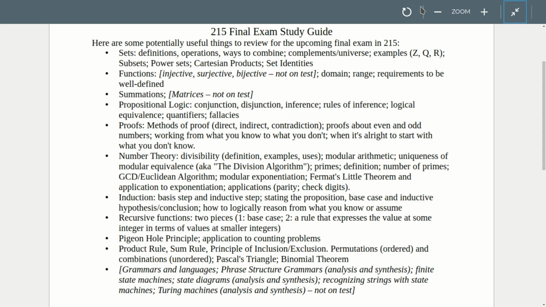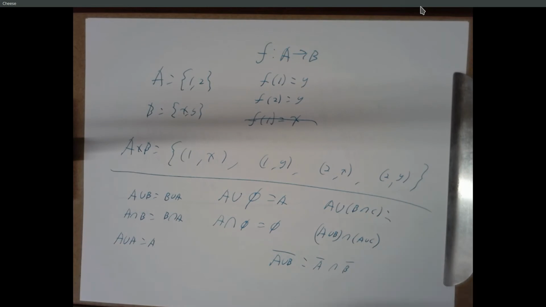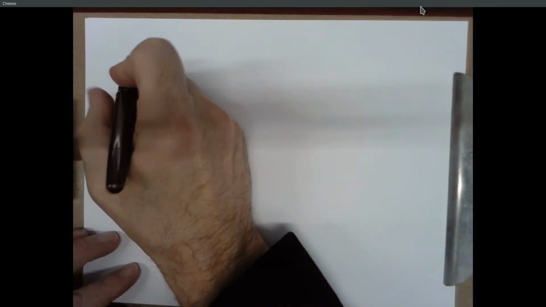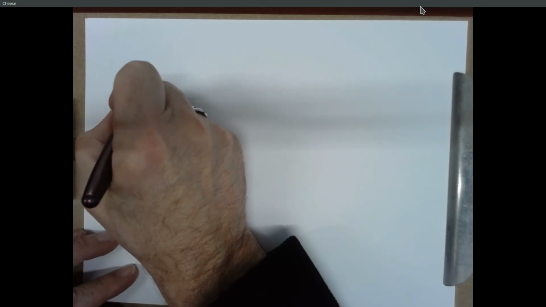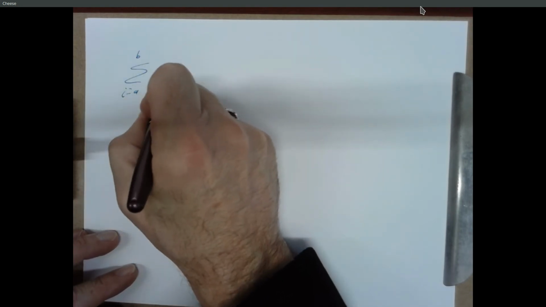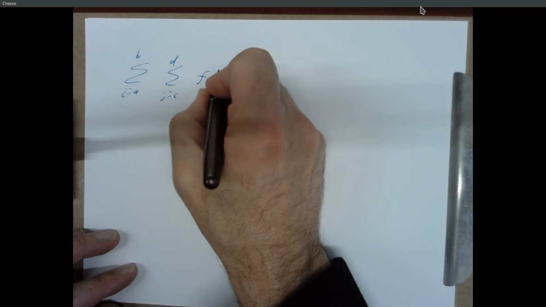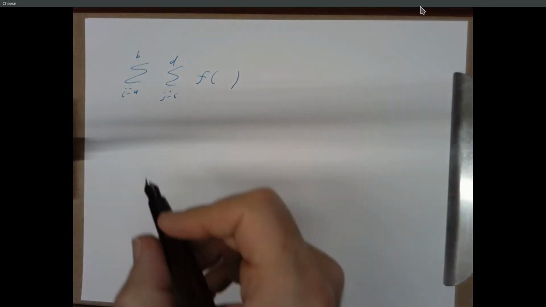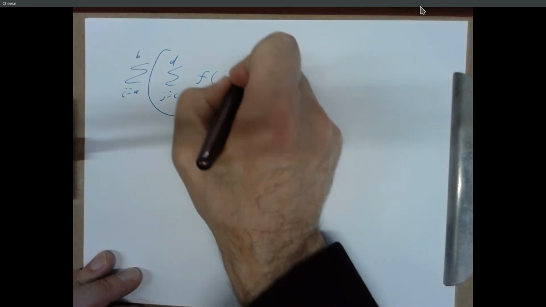Will we be doing double summations? You might do double summations, which is really just sum from i equals a to b, sum from j equals c to d of some function of something. Just think of it as a single summation.